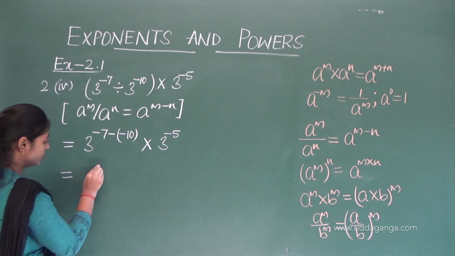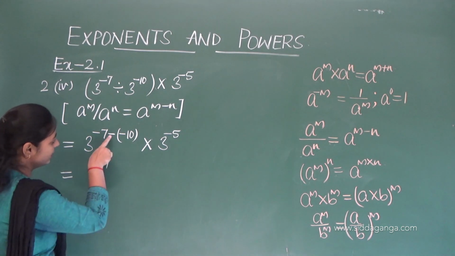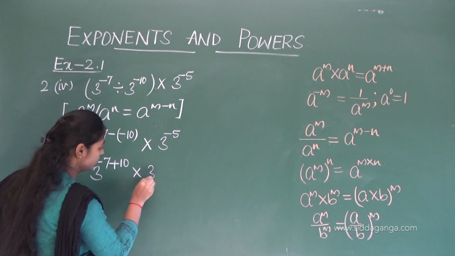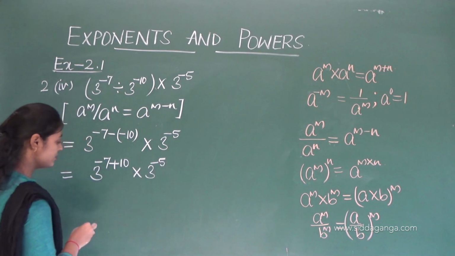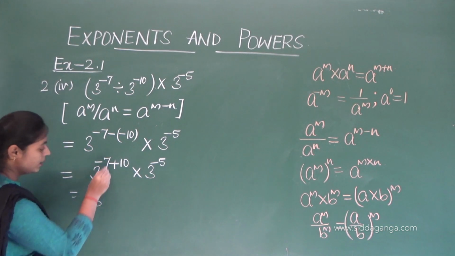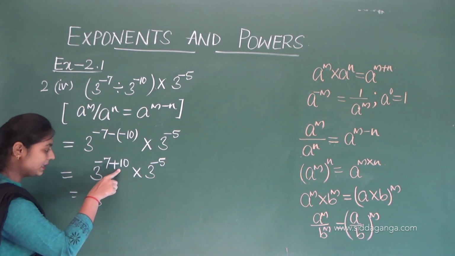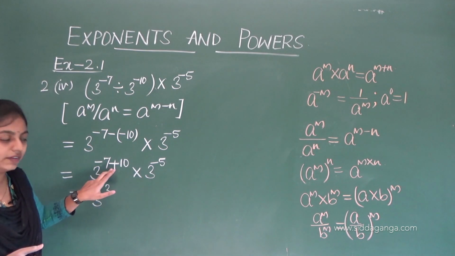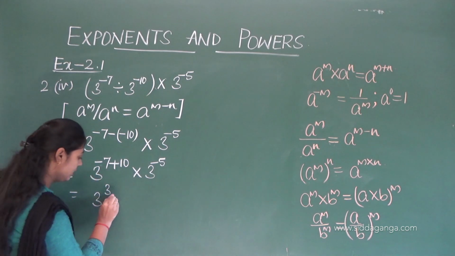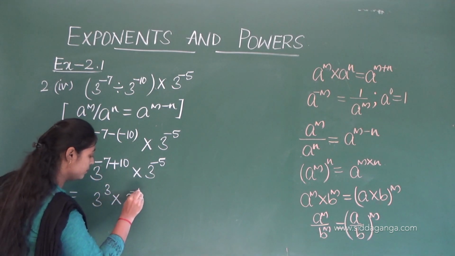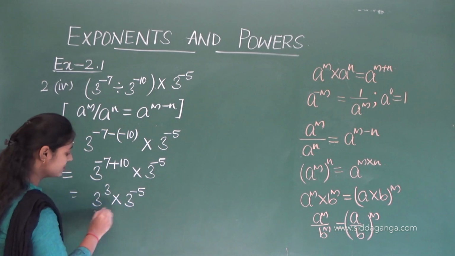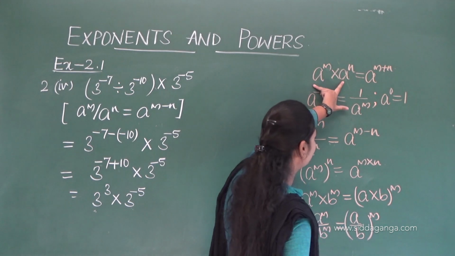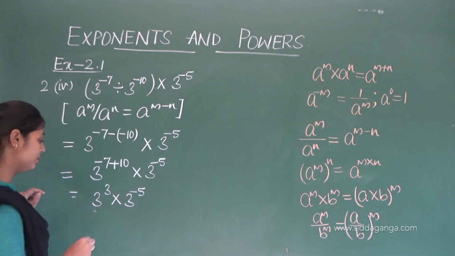That is equal to 3 to the power of minus 7 minus into minus plus 10, into 3 to the power of minus 5. 3 power minus 7 plus 10 is 3; we put a positive sign, since the highest number has a plus sign, into 3 to the power of minus 5. When the bases are equal and there is a multiplication symbol, a power m into a power n is equal to a raised to the power of m plus n.